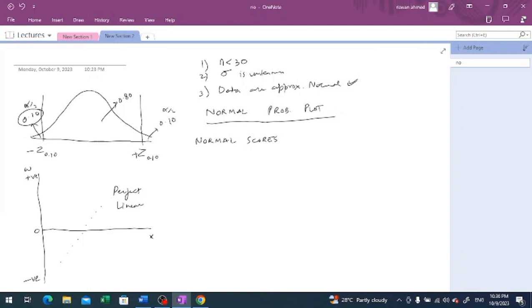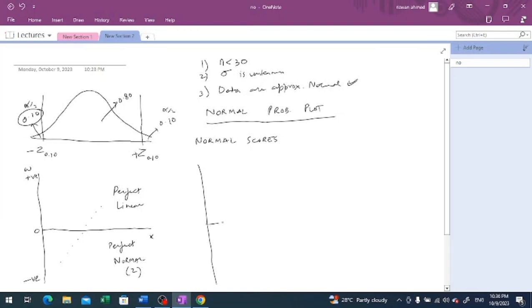This data is indicating perfect linear behavior. Therefore, our conclusion would be the data are perfectly normal. And perfectly normal means Z can be used.